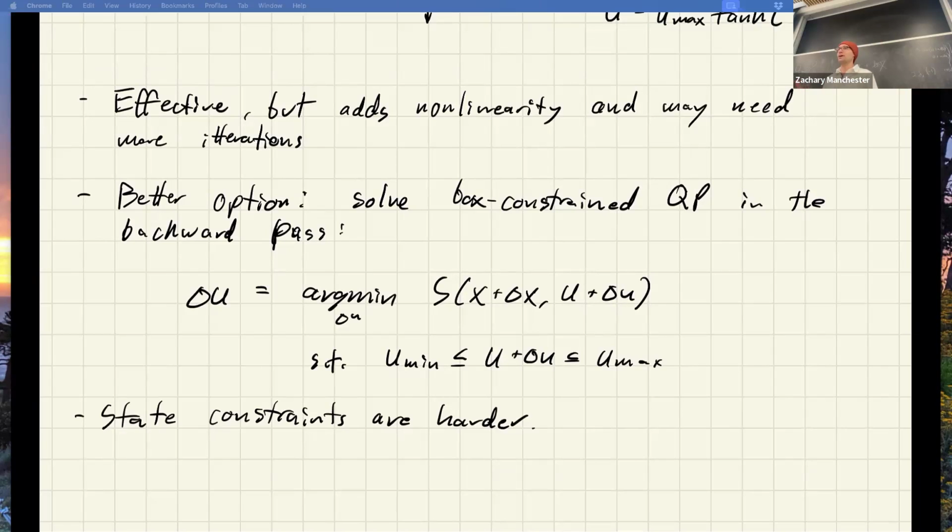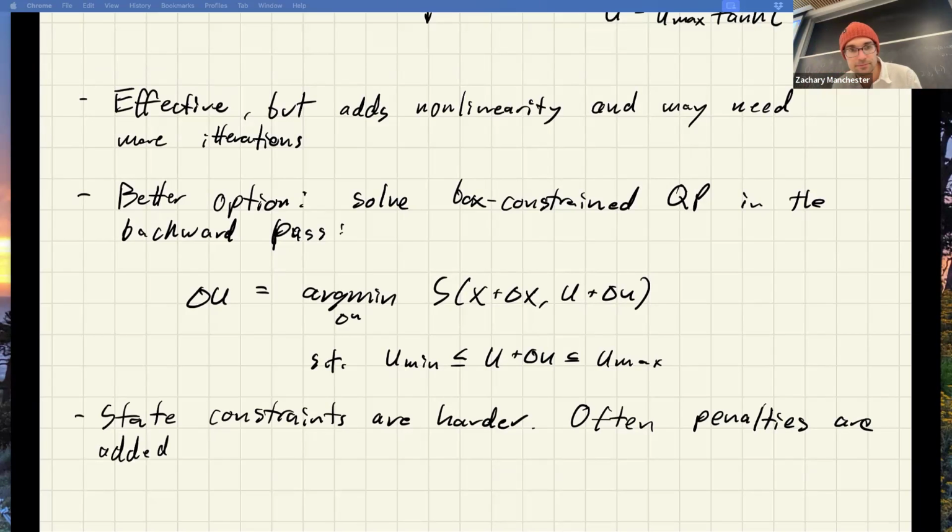And said like, penalties are bad. They cause ill conditioning. You probably shouldn't do that. They never really satisfy the constraints also. So don't do this. That can make things ill-conditioned.